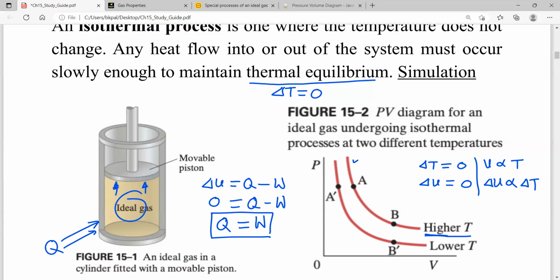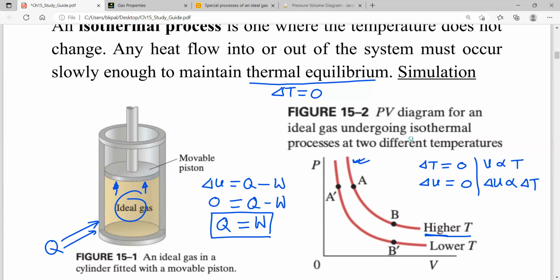Here the surrounding is the piston. What will happen is, because of this added heat in the system, the volume of the ideal gas will increase. You can also explain this by using this PV graph.